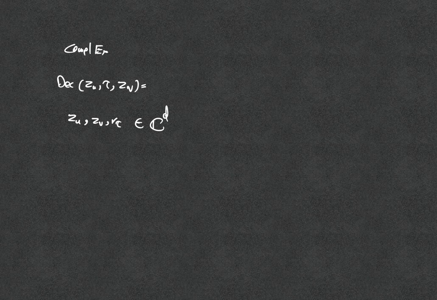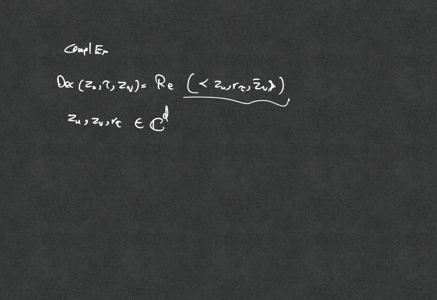Now we have complex values. Now you define the decoder as the real element of the multilinear dot product of ZU, R tau, and ZV conjugate. Now this is going to make this asymmetric.